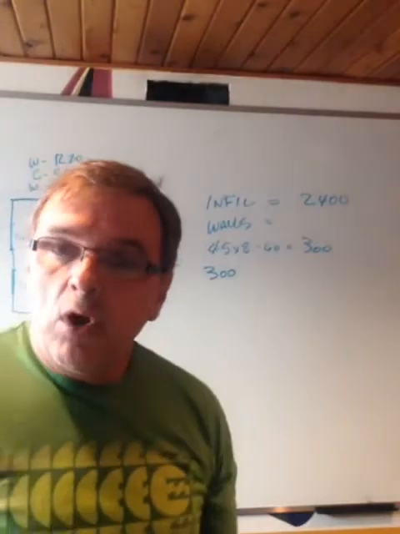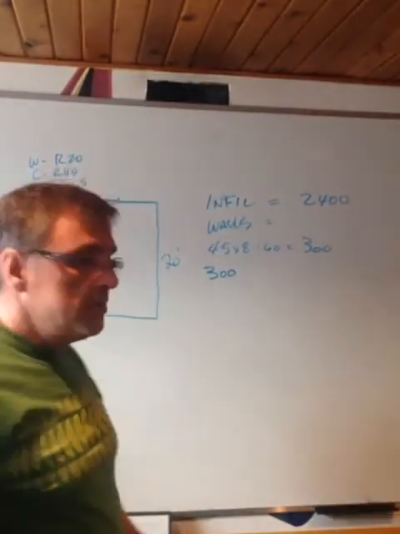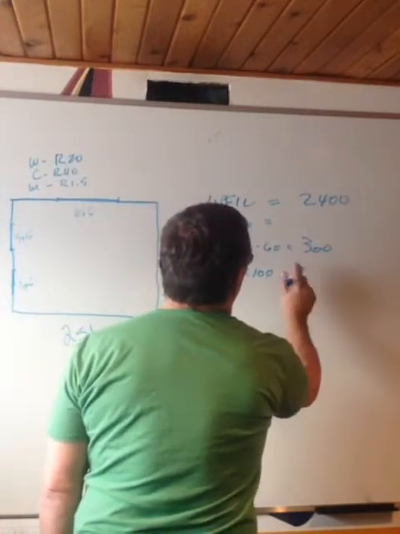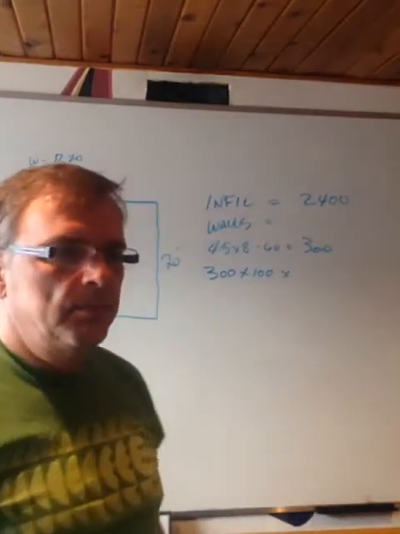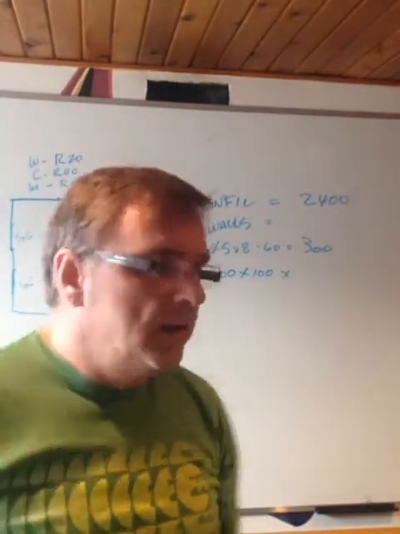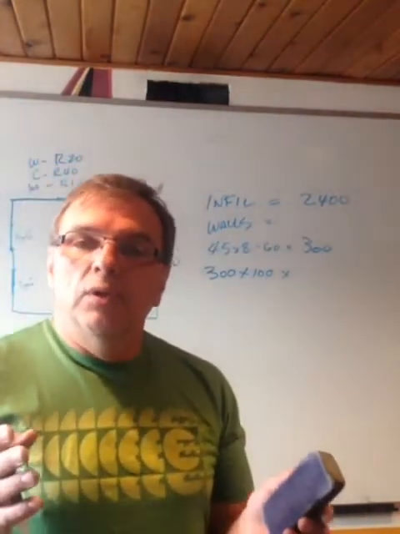300 square feet of wall times again the design temperature difference. And this time we don't want to use 0.006, we want to use the U value of the wall. Now what is the U value? Well, you know the R value.